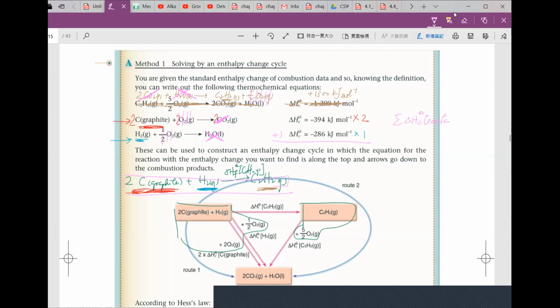Can you see that? And how about this? I wrote it in reverse, so it is just the sum of the combustion of the products. By doing so, you can get the answer. The formula is here. Do you understand?